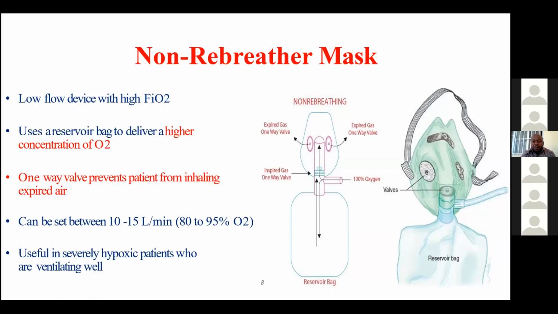Please, when you close the expiratory one-way valve, you make the patient rebreathe CO2. So you have to check whether your non-rebreather mask has these 3 valves: the inspiratory one-way valve and the 2 expiratory one-way valves. Otherwise, you are using an inappropriate so-called non-rebreather mask.